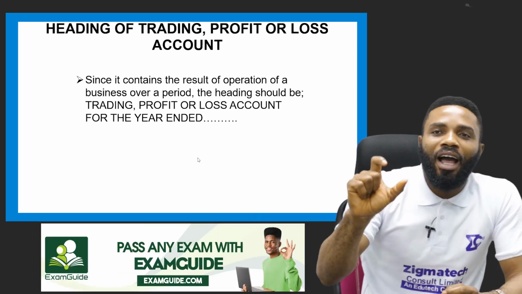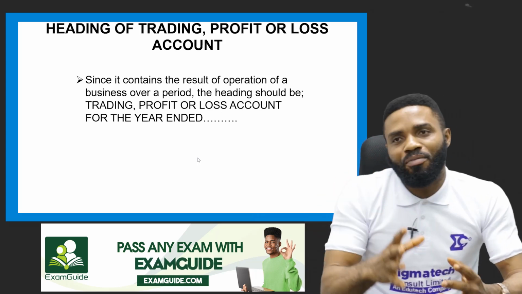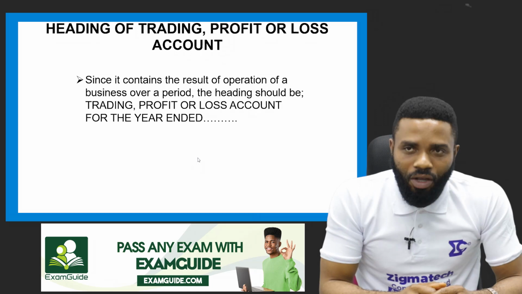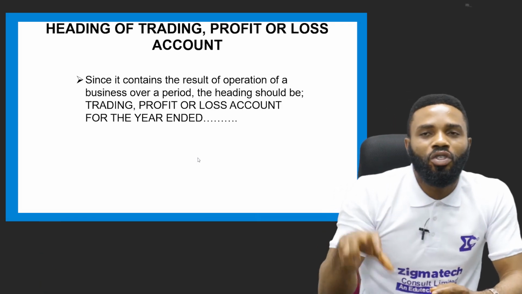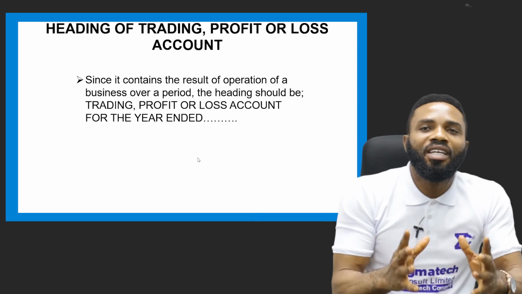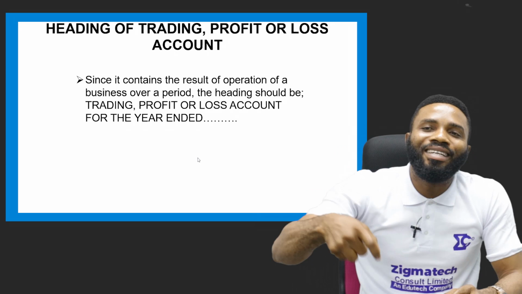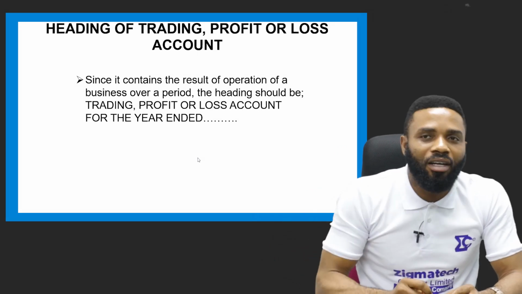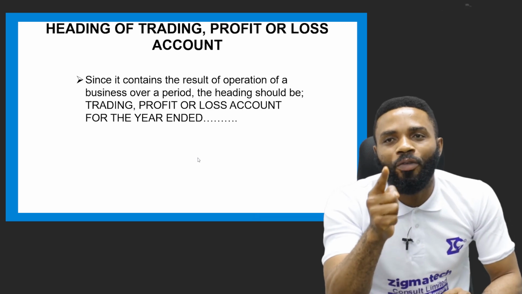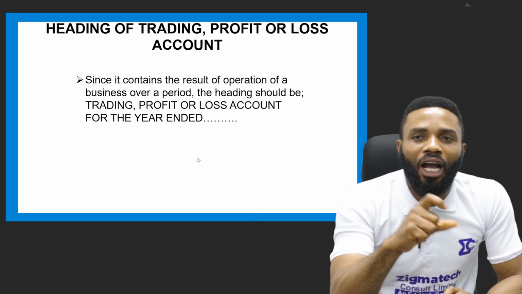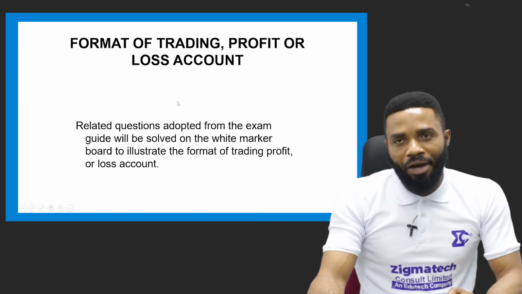In this particular title, it is not open in the name of any person, because this is just an illustration. By the time we go to our exam guide to begin to solve related questions, you will see that if you are preparing an account at all, then we must include the name of the owner of the account. But please take note, it must read in the name of the account, the period under consideration, and then the owner of the account.